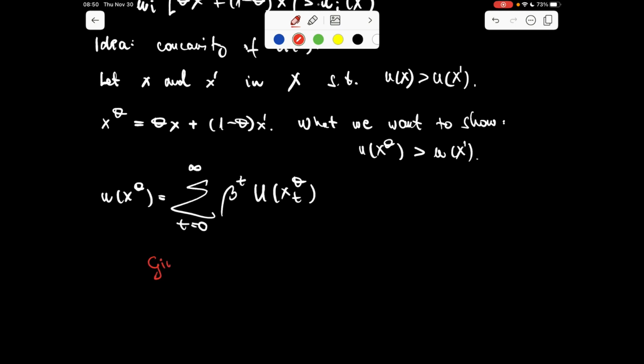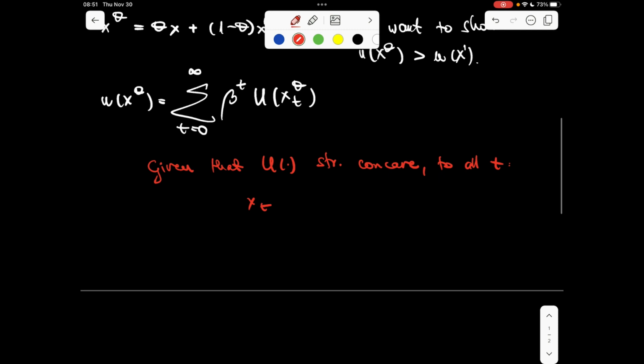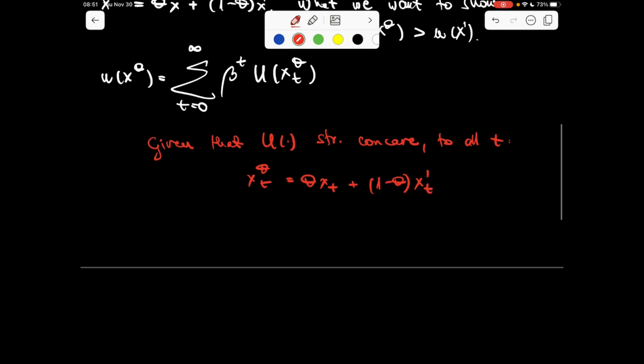Given that the one period utility function is strictly concave, to all t, we have that, so this is the consumption path in the convex combination. So this is what we have to all t.